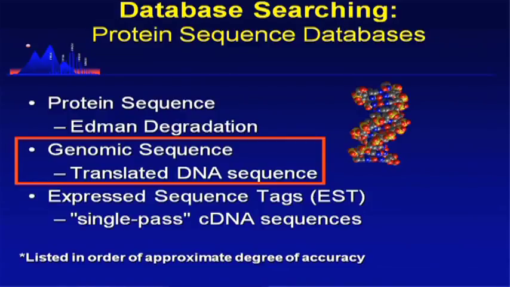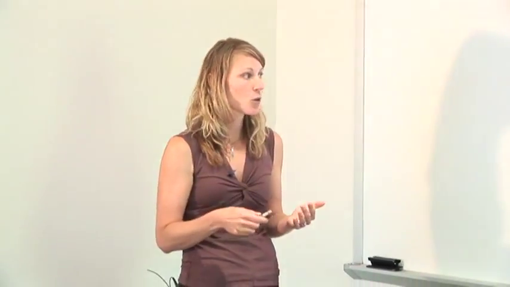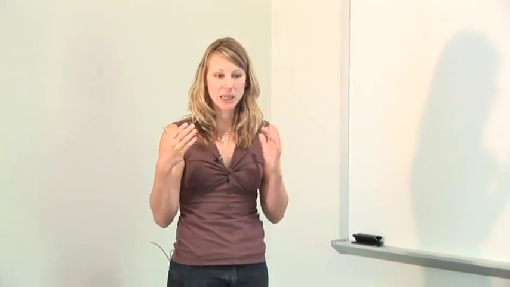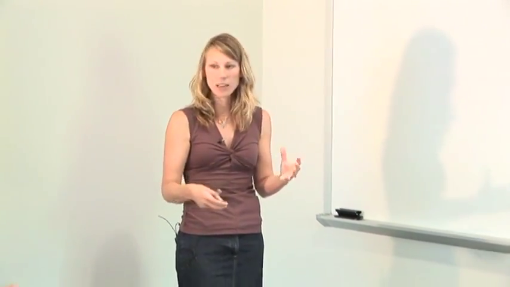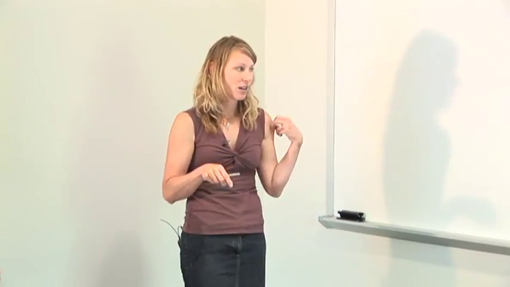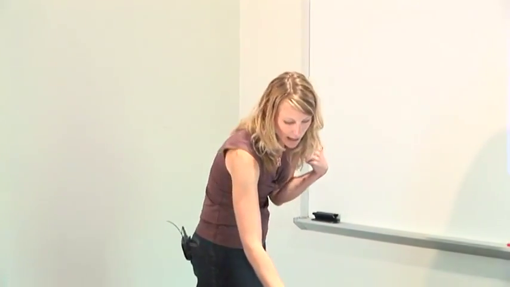We do sometimes utilize expressed sequence tags or EST databases, and these are your single-pass cDNA sequences. They're not full-length sequences. They generally have a lot of errors to them. But if you're working with a species that's in the beginning stages of its genome sequencing, then oftentimes this is all that's available. But you don't want to use them unless you absolutely have to.